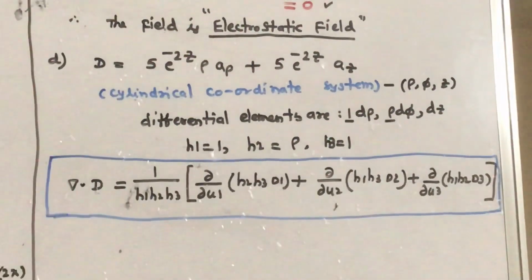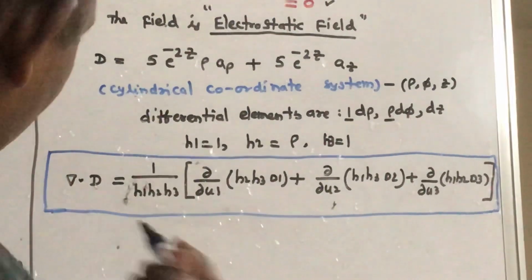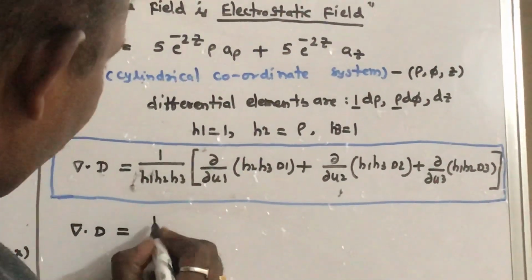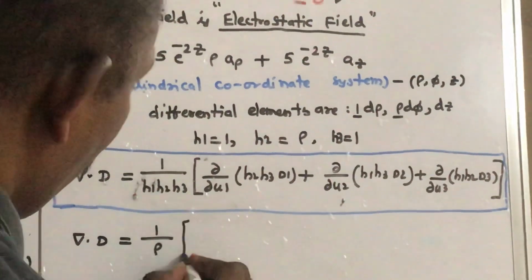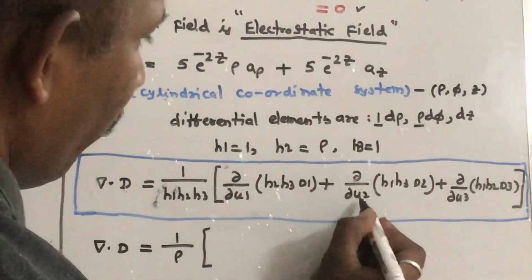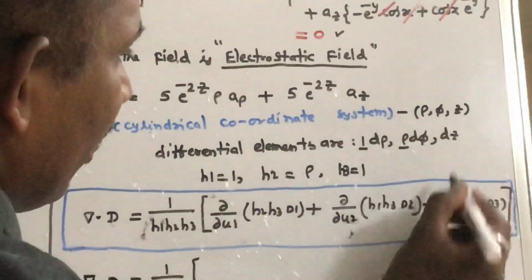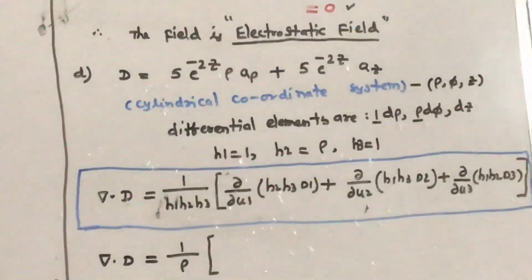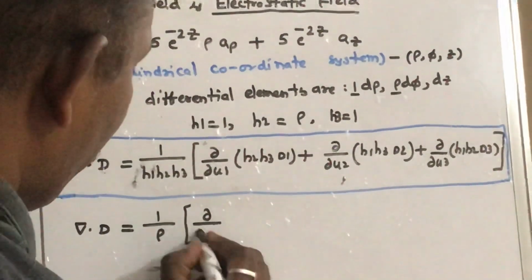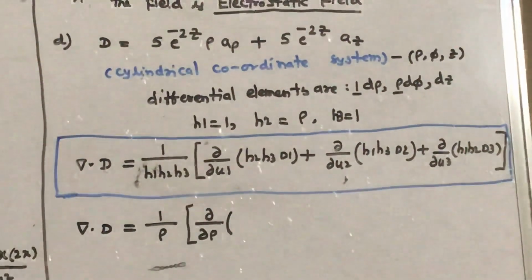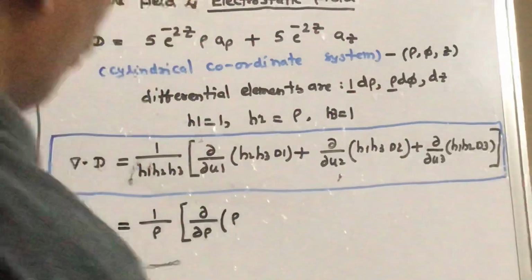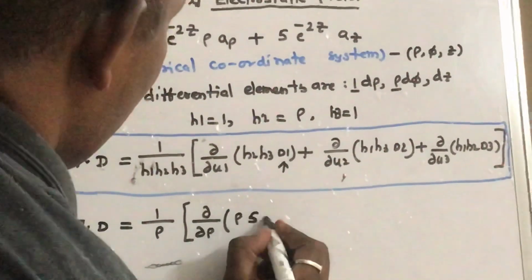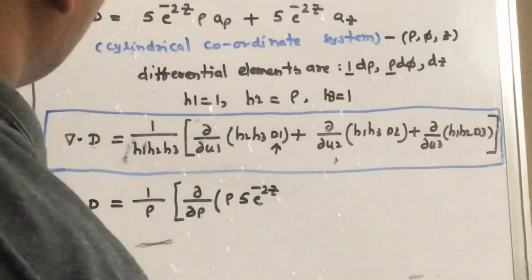Let us substitute all these values in this expression. Therefore del dot D is equal to 1 by h1 h2 h3, 1 by rho. u1 will become rho, u2 will become phi, u3 will become z. D rho, D phi, Dz. So substitute these three components. Dou by dou rho of h2 h3 is rho. D rho is 5 e power minus 2z into rho.